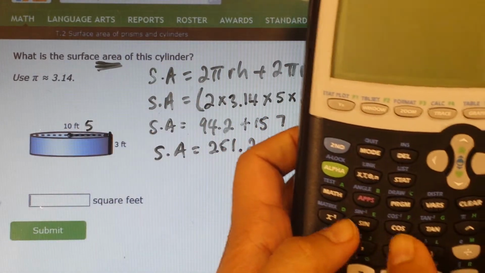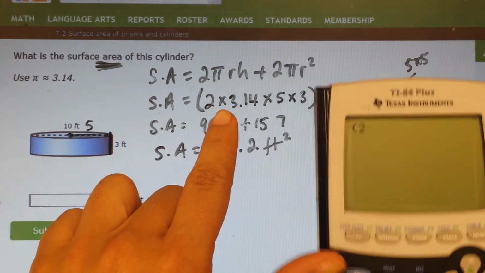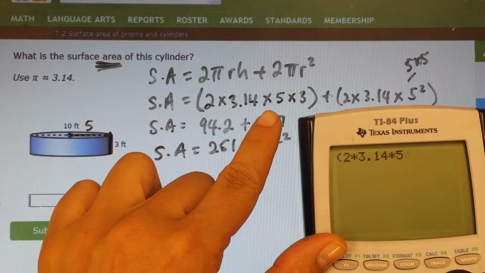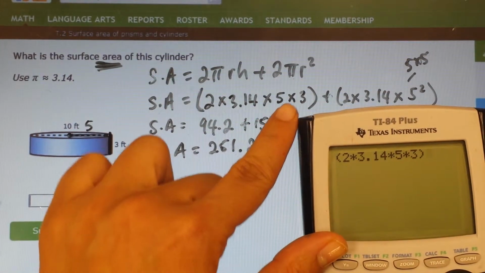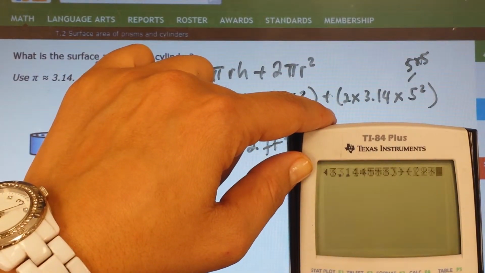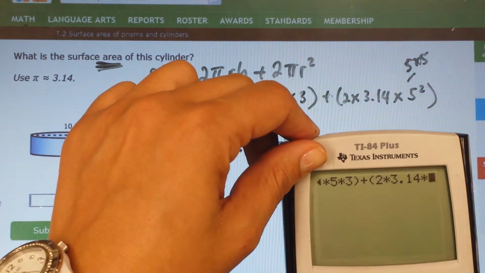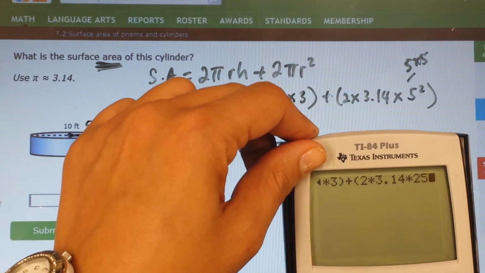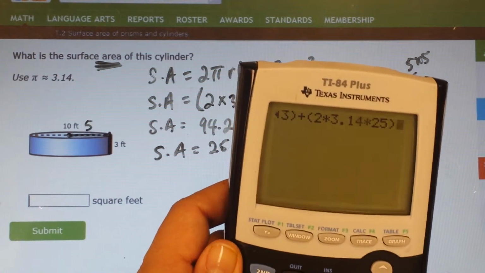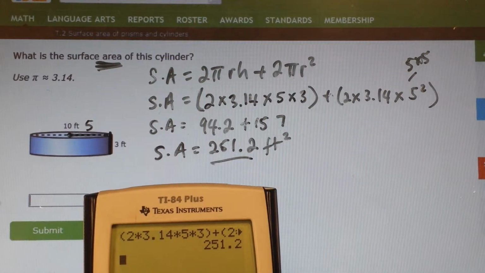So I say parentheses, 2 times 3.14 times 5 times 3, close the parentheses, plus open another parentheses, 2 times 3.14 times, and again 5 squared is 25, so 5 squared is going to be 25, and then close the parentheses. We've simply put in the whole line. You press enter and look, you get the exact same answer. So it's going to save you a little bit of time in terms of work.